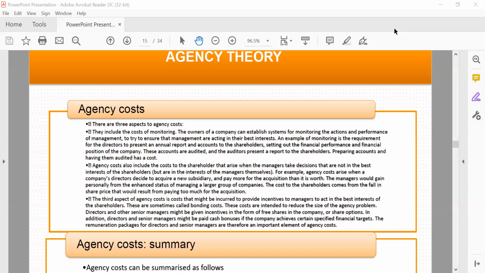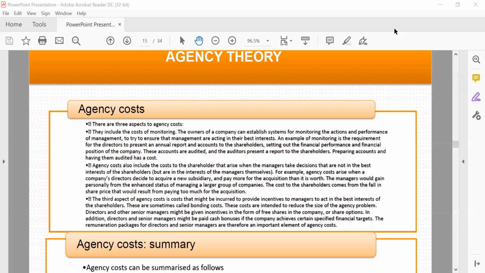So this is where you see incentives being given in the form of free shares, share options, etc. Another way that you see companies reduce the size of the agency problem is paying managers cash bonuses if the company achieves certain targets. So the remuneration packages for directors and senior managers are an important element of agency costs.